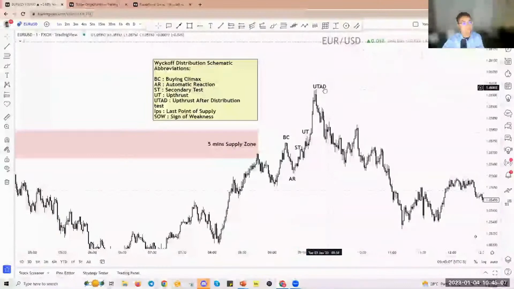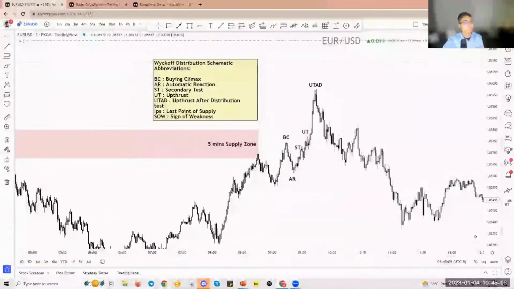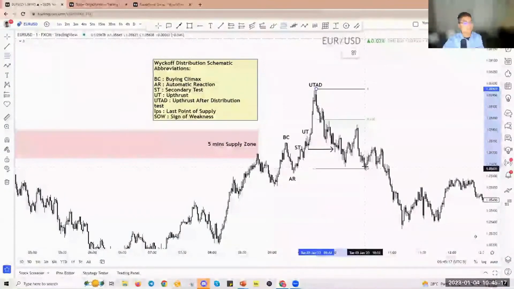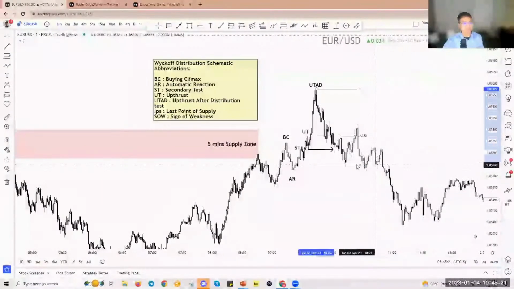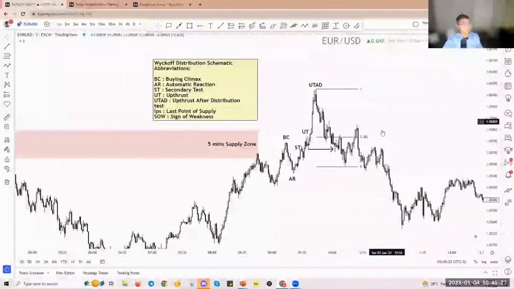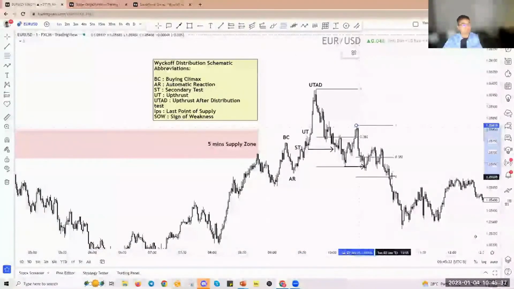So how do we enter? Same thing. Price breaks the UT, and then it retraces about 38.2%, roughly 38.2%, and then price breaks again. And at this point, you can actually enter a trade.